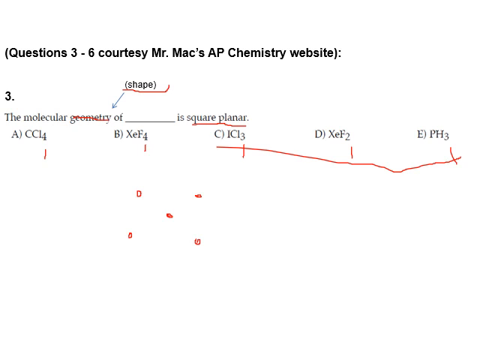However, let's quickly do the Lewis dot structures. I'm not going to draw them out, but let's count our electrons for A and B. For A, we've got 4 for carbon and 7 for chlorine, times 4 would be 28, plus 4 for the carbon would be 32 total electrons. We would use 8 of those 32 to make the 4 bonds between the C and the 4 Cls.